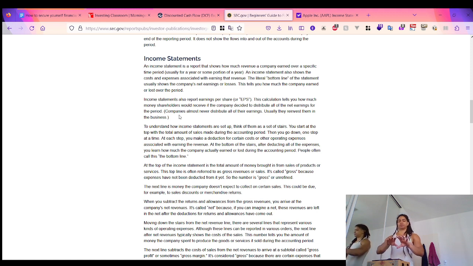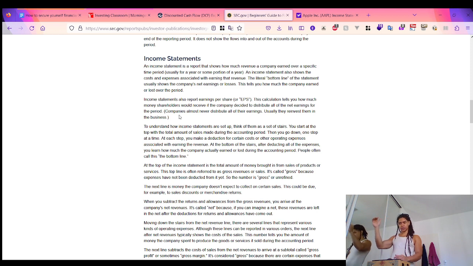To understand how the income statement is set up, think of it as a set of stairs. You start from the top, where you have all of the sales coming from product or service.